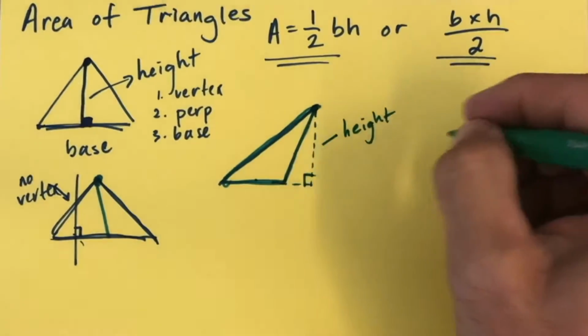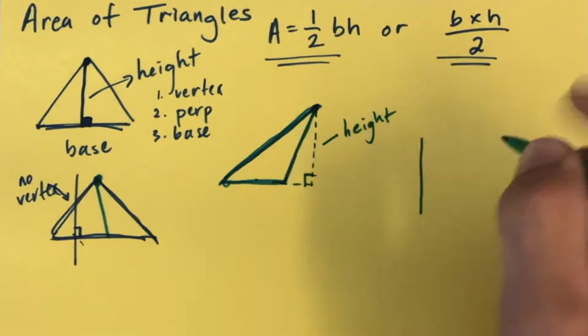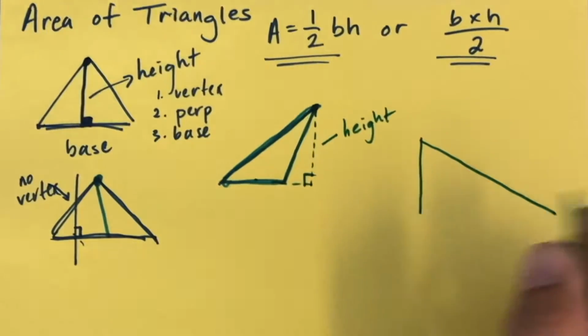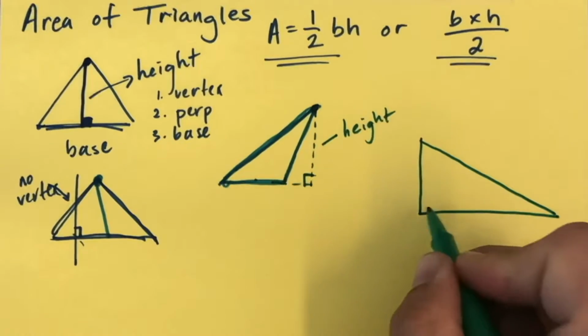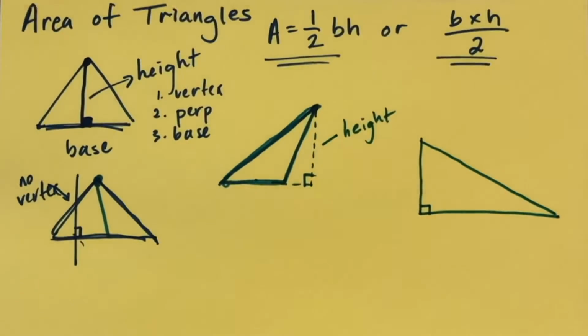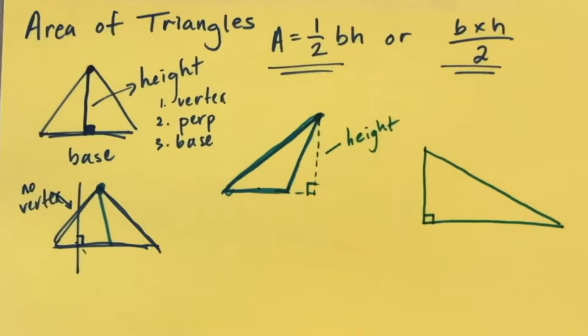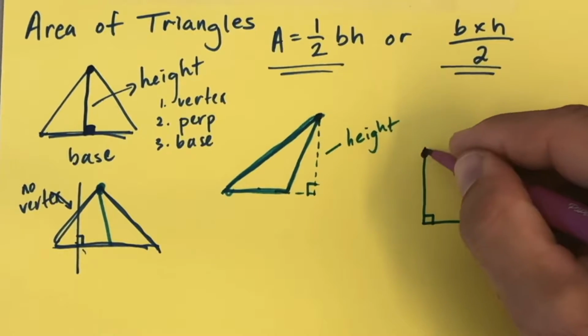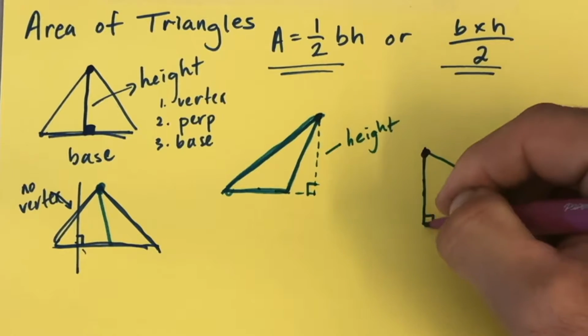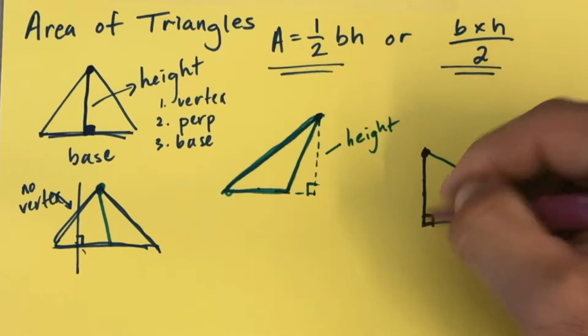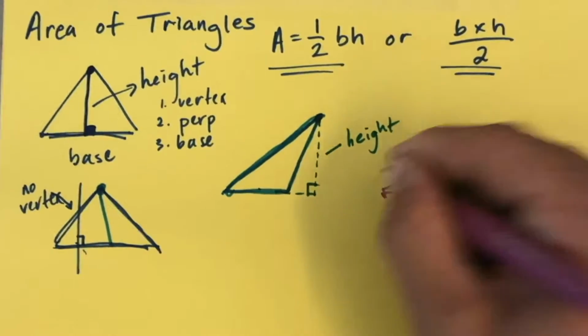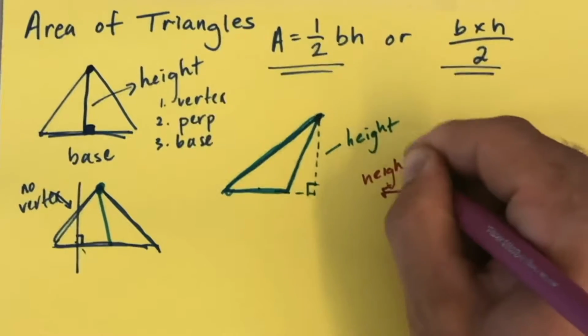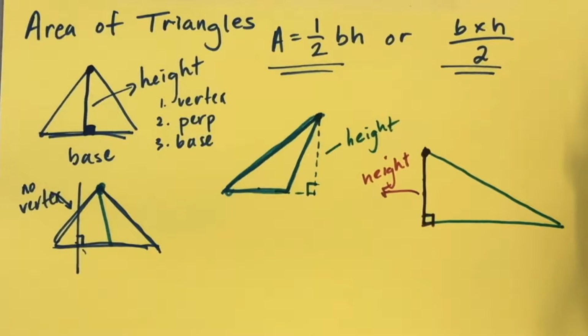And you also have some triangles where, let me draw a good triangle here for once. There you go, much better. If you look at this triangle here, this side is connected to the vertex and perpendicular to the base. So this side of the triangle could also be used as the height of the triangle.